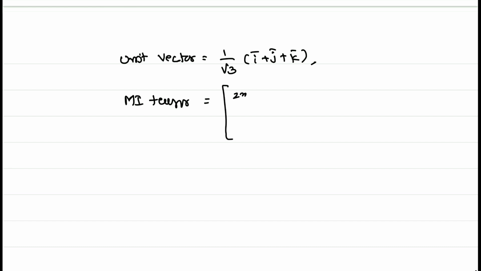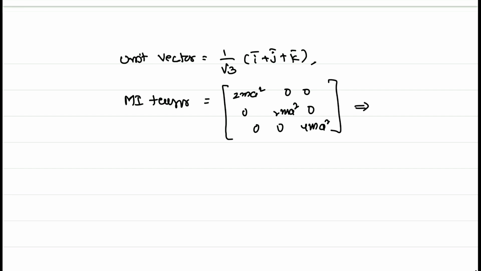The directional unit vector is equal to 1 by root 3 into i plus j plus k, and the moment of inertia tensor is equal to 2ma square 0 0, 0 2ma square 0, 0 0 4ma square.